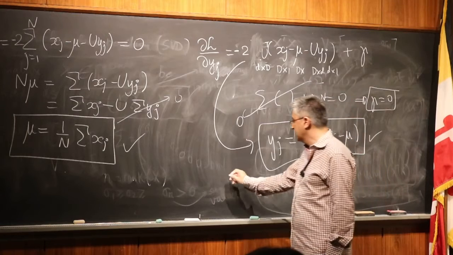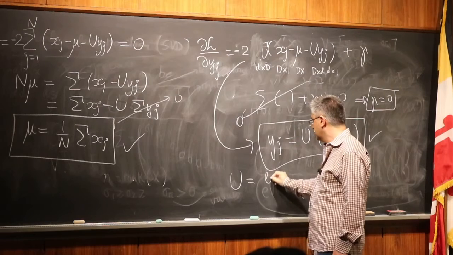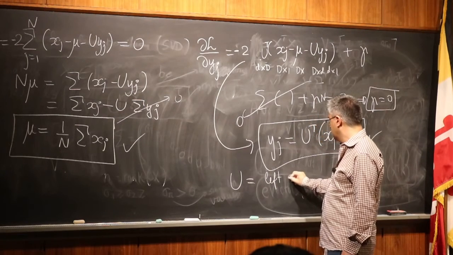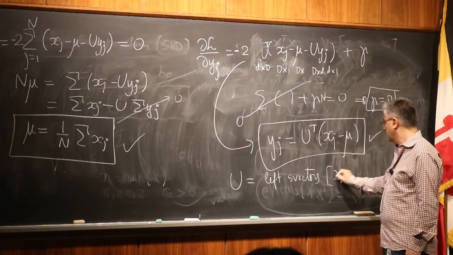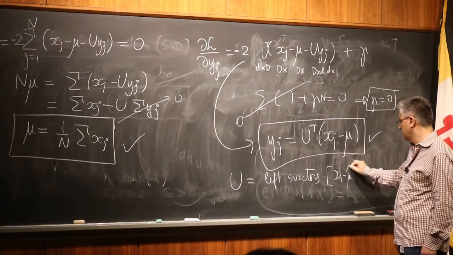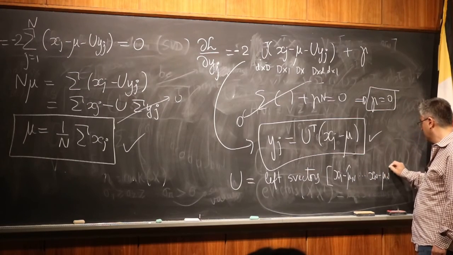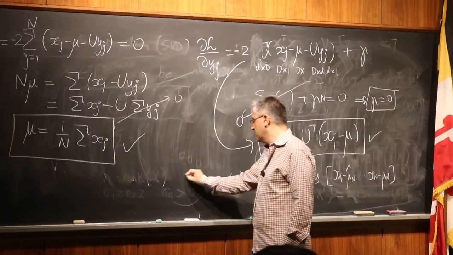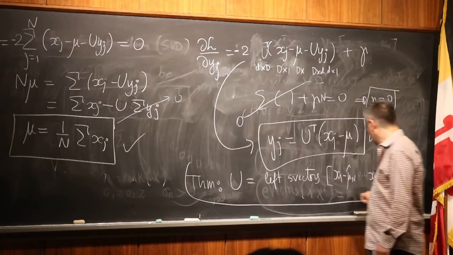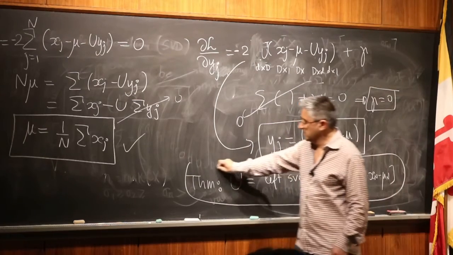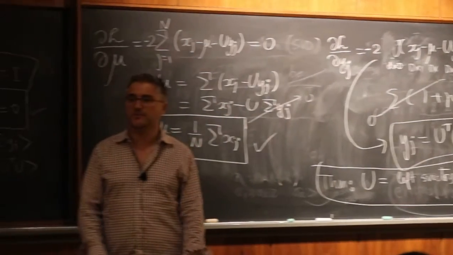I'm going to say simply that U is the left singular vectors of x1 minus mu. So maybe just write here, theorem. If you keep going and take the derivative with respect to u, and you do a lot of work and use some theorems, then you're going to get to what I was trying to do.